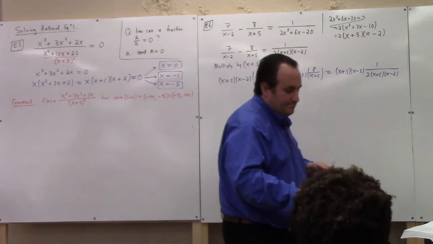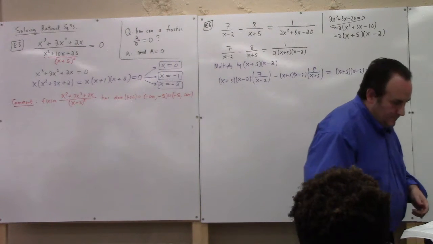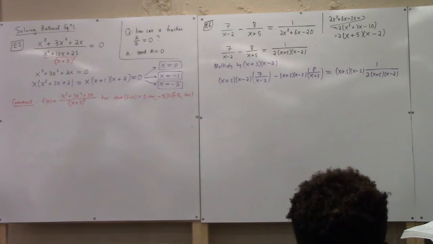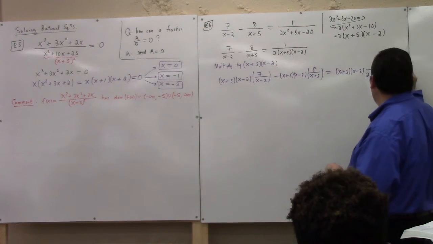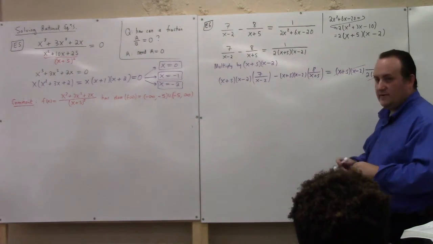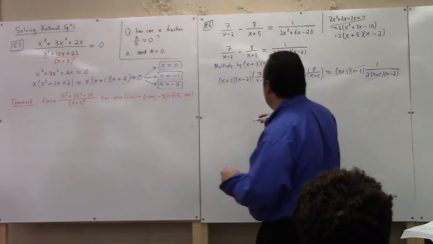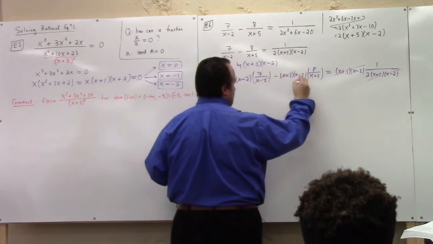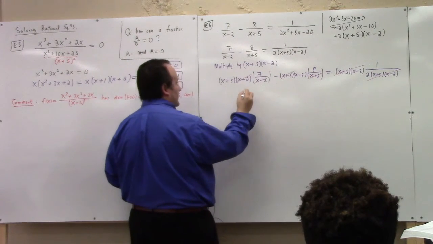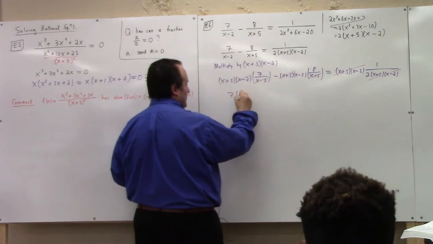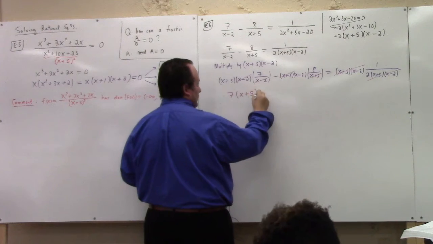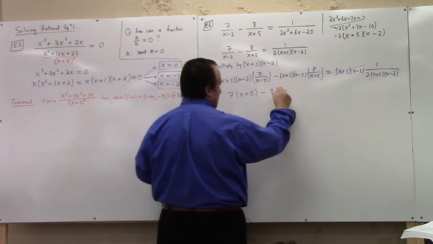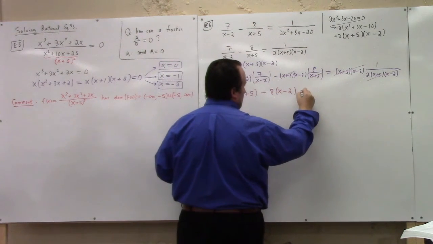How's it work? So this cancels that, right? The x minus 2 reduces with this x minus 2. This x plus 5 cancels that x plus 5. And we've got 7 times x plus 5 minus 8 times x minus 2 equals 1/2.